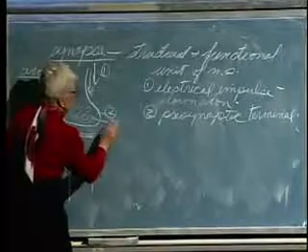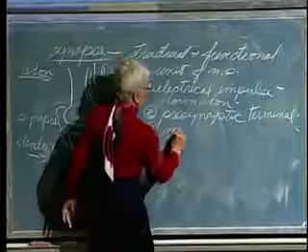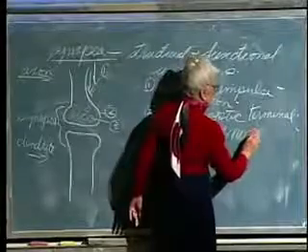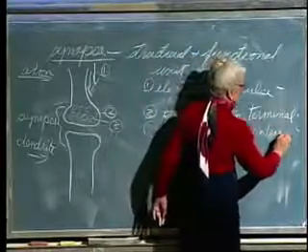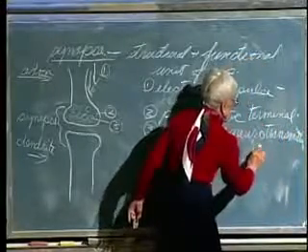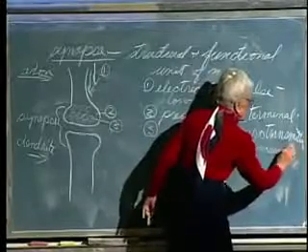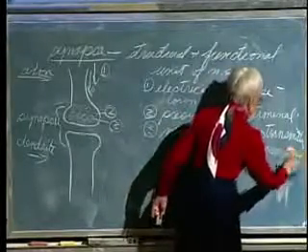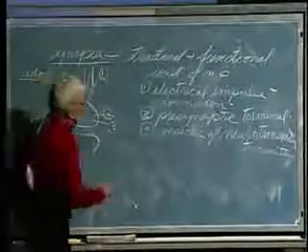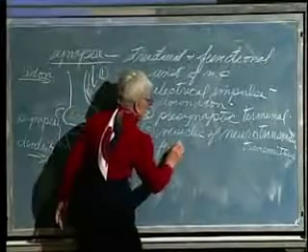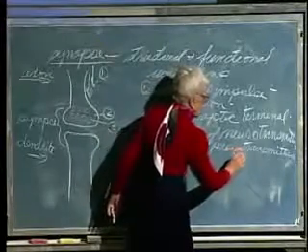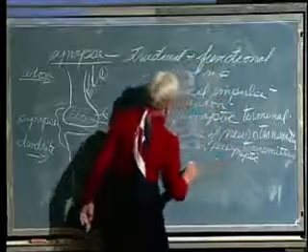Number 3 will be vesicles of neurotransmitters. The neurotransmitters are formed in the presynaptic terminal.